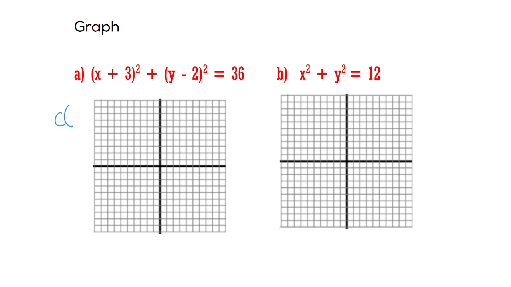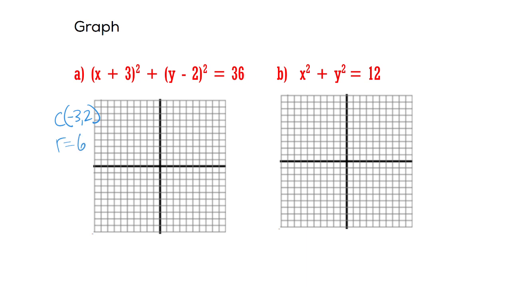Now the formula is naturally supposed to be a minus, so I know the y value is a 2. Since this is a plus, it must have been minus a negative. So the center is going to be at -3 and +2. And the radius comes from over here. This is r squared, so I square root it to find the radius.